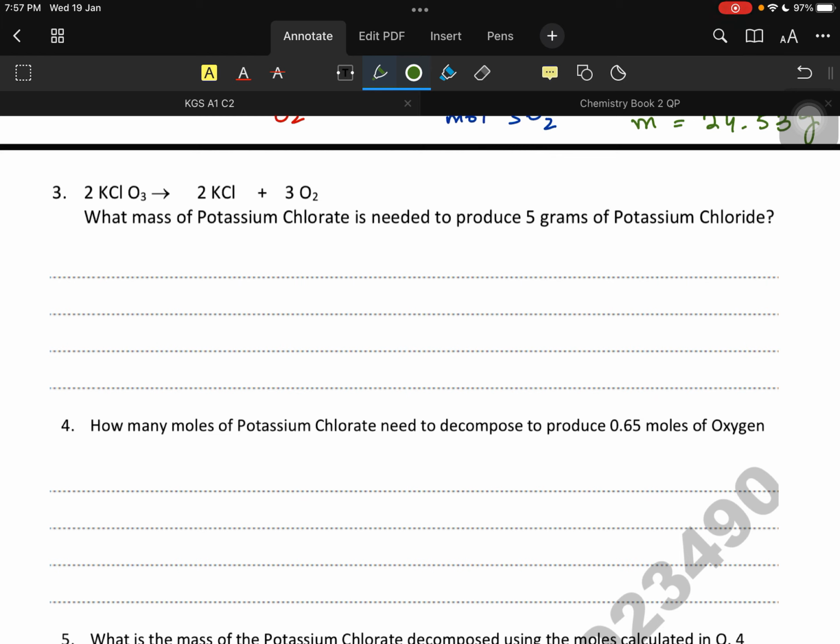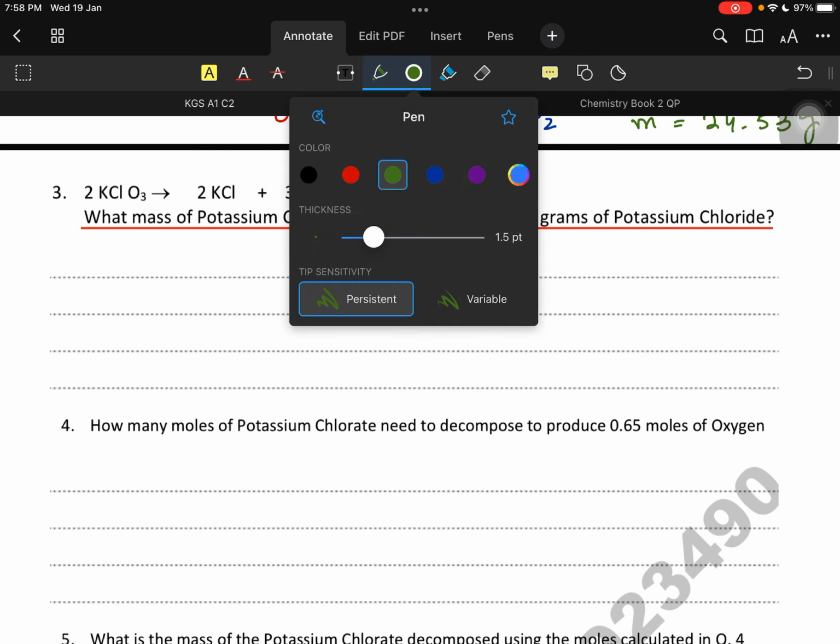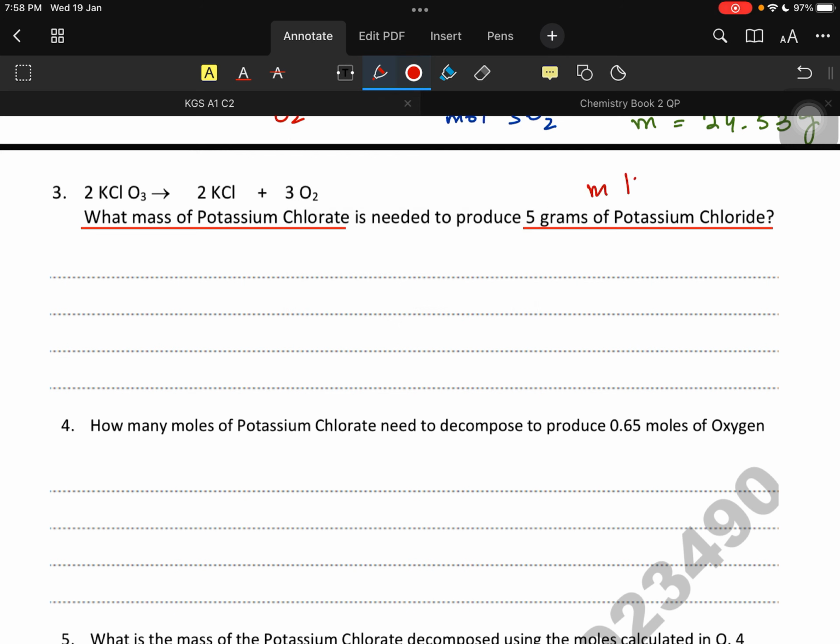The question says, what mass of potassium chlorate is needed to produce 5 grams of potassium chloride? We have the mass of potassium chloride equal to 5 grams, but we don't know the mass of potassium chlorate, so I'm going to put a question mark over here.